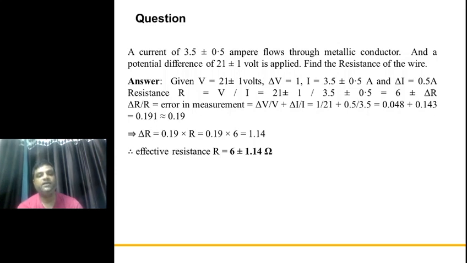The actual resistance of the wire is 6 plus minus 1.14. That is basically called the error in the measurement. We maintain the plus and minus sign, which is required for any type of measurement.